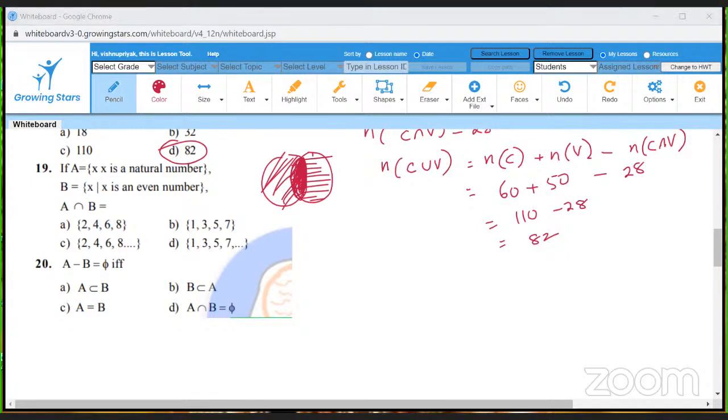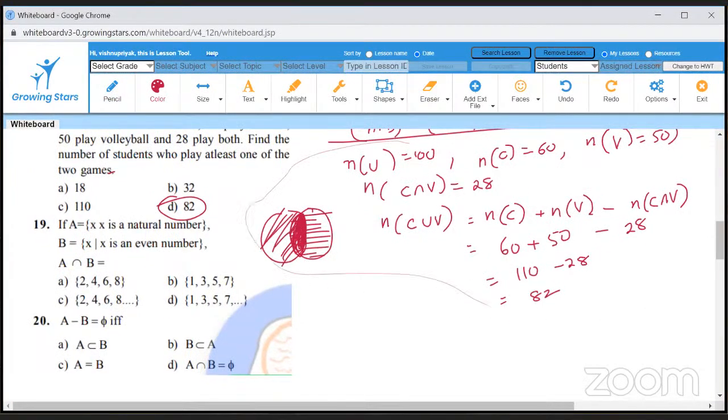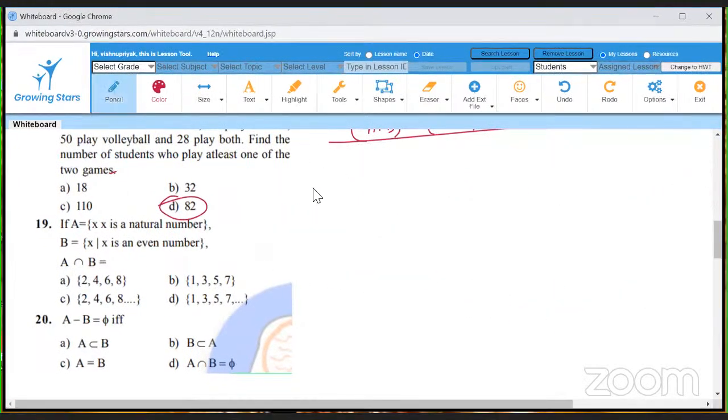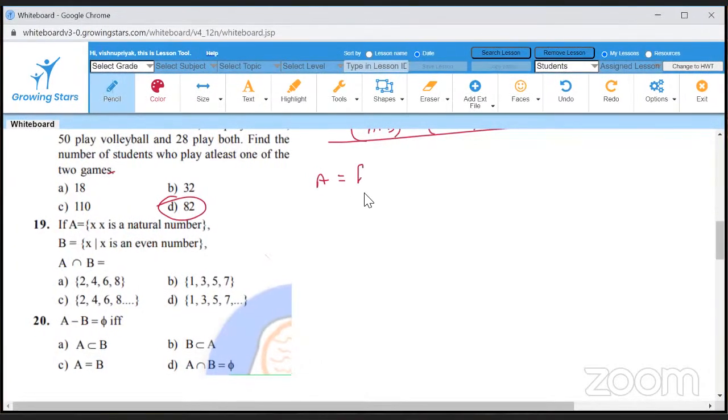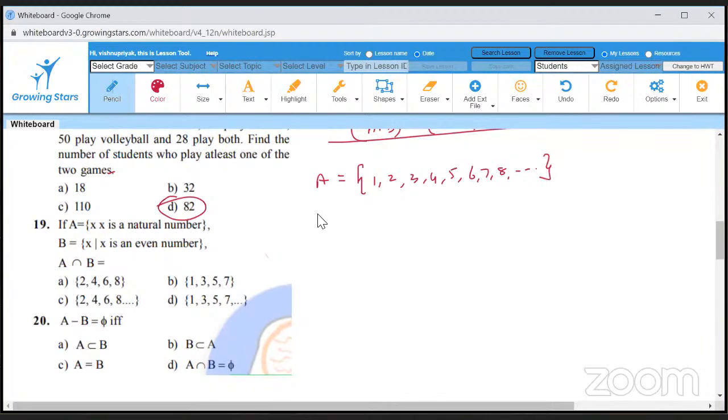So many of you got 19th answer as C. And that is correct. Because I will erase this, I don't have space. 19th answer is C because A means natural numbers: 1, 2, 3, 4, 5, 6, 7, 8, and so on, never ending.